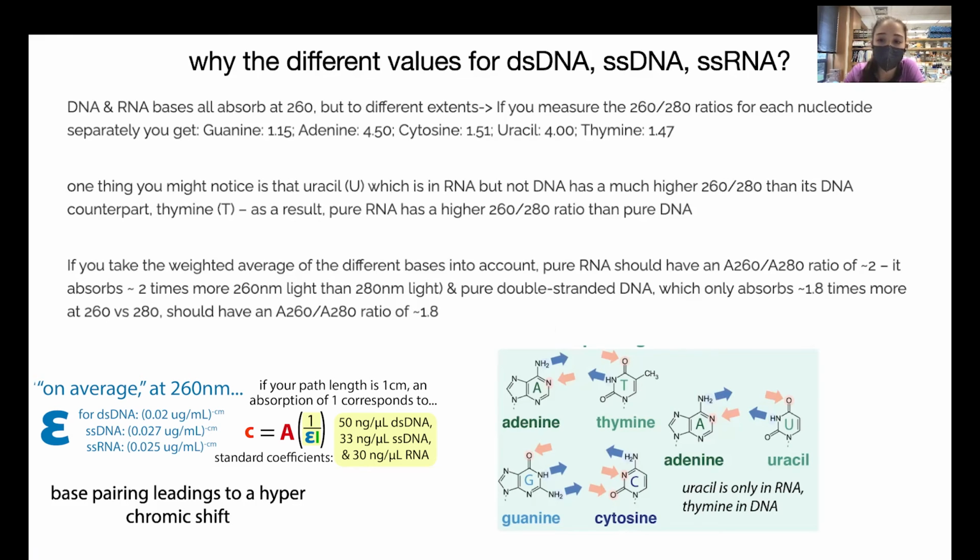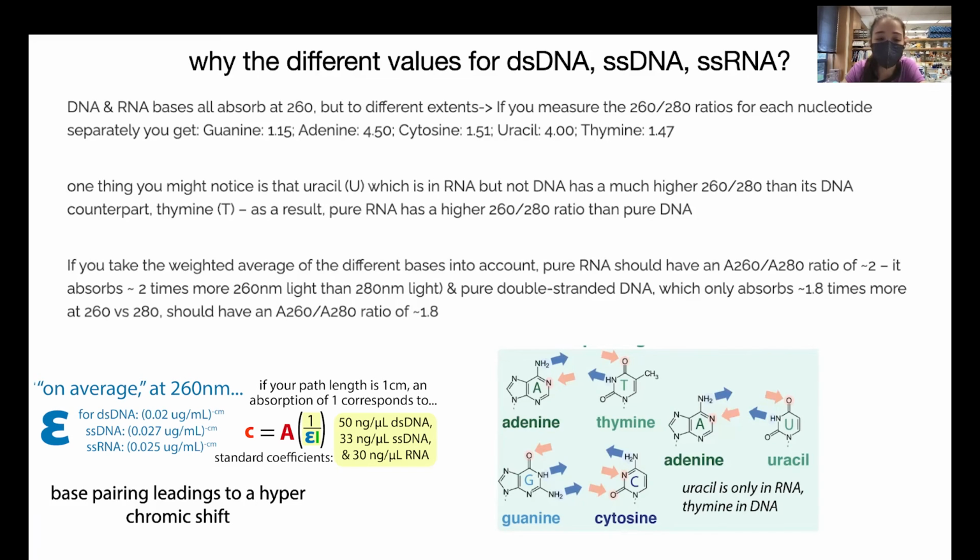And why you have different values for the double-stranded and single-stranded is because when you have this base pairing, it's kind of tying up the parts that normally catch the light. And it's changing some of those energy levels and all sorts of stuff.